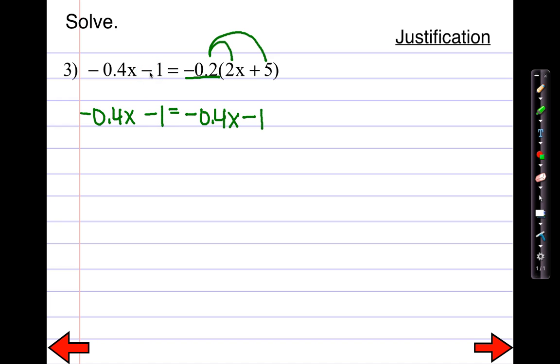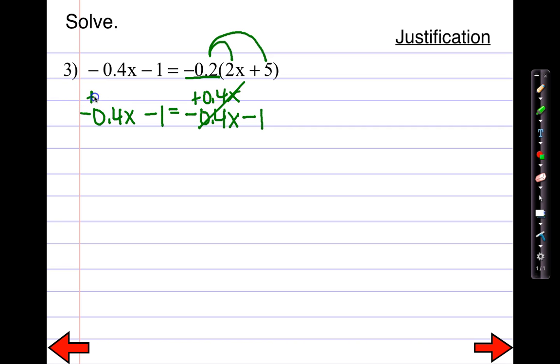Now at this point, I could just pause and look. I can determine whether I have one solution, no solution, or infinitely many solutions at this point. And here, I can see right away that it's going to be infinitely many solutions. Why, you might ask? Because they're exactly the same on both sides. But again, let me prove it to you. I'm going to isolate my variable to the left by adding 4/10 x to both sides.